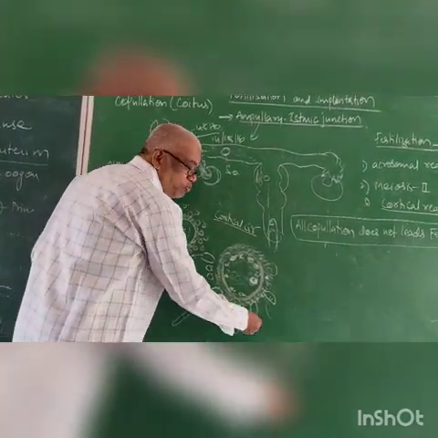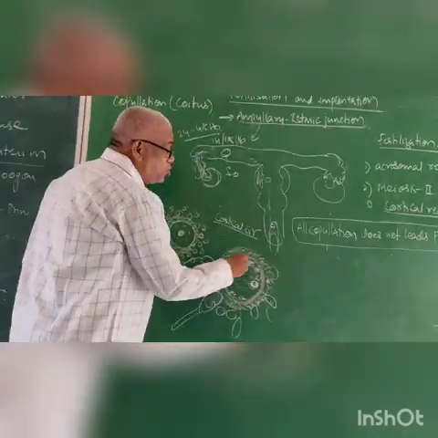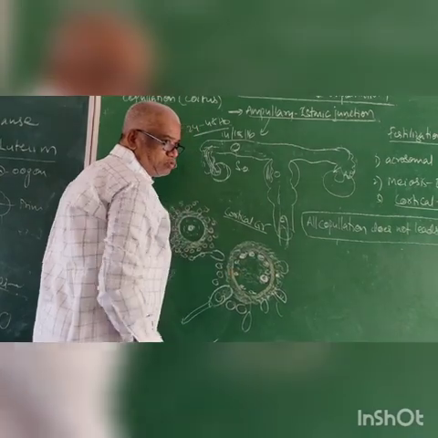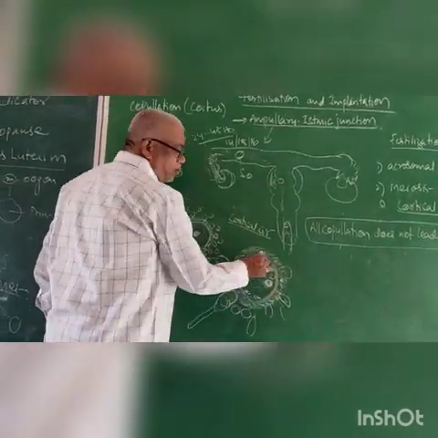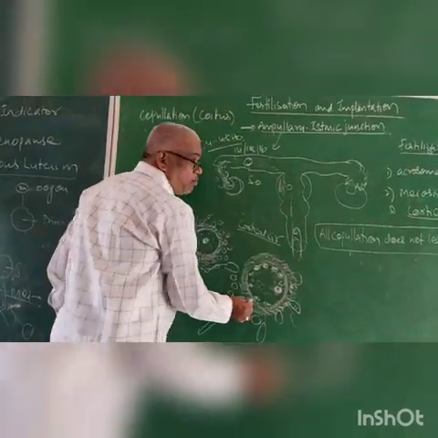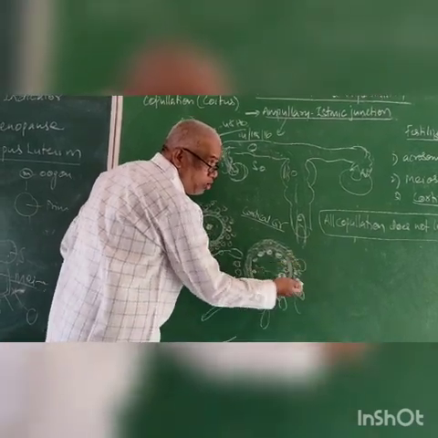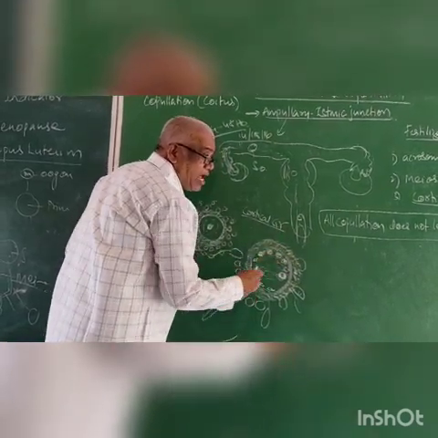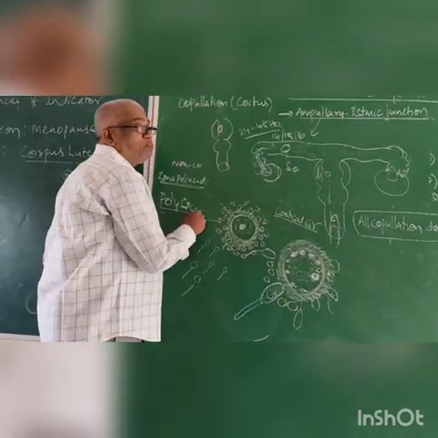Due to the cortical reaction, the second and third sperm do not get involved. The zona pellucida becomes hard, so other sperms cannot enter. Polyspermy is prevented.